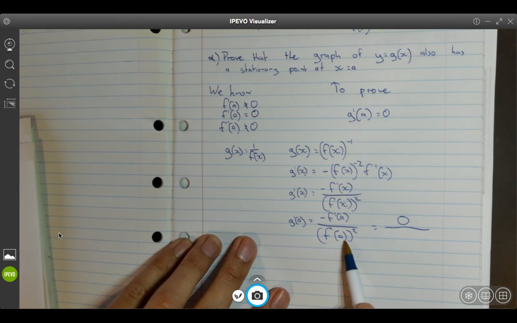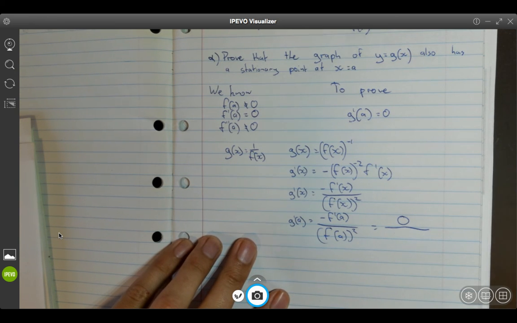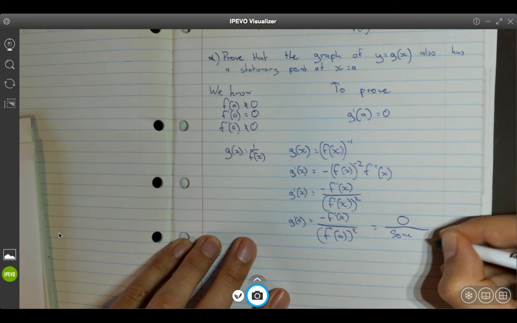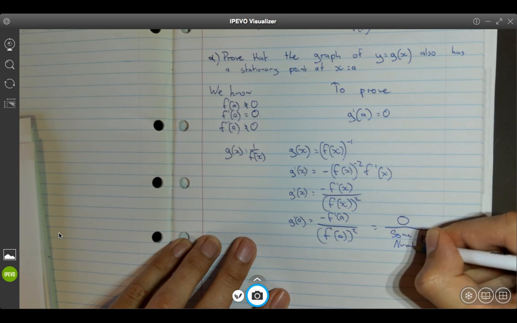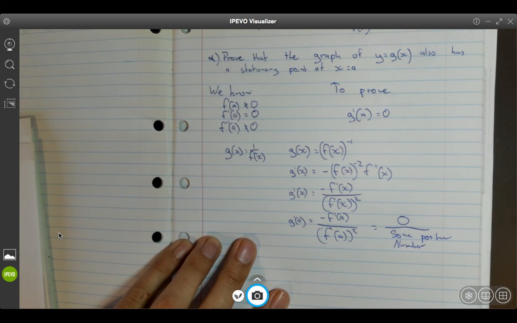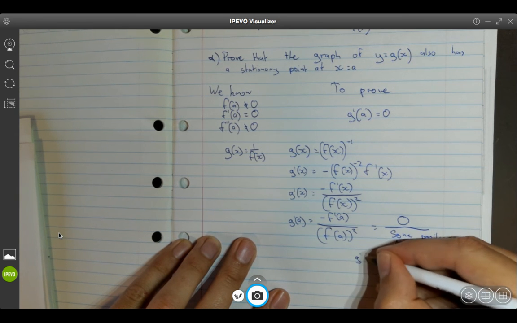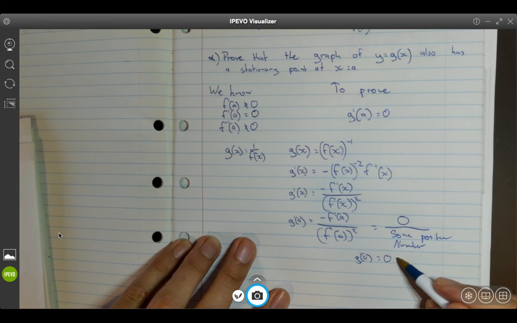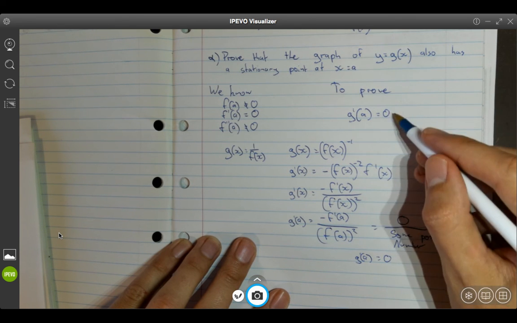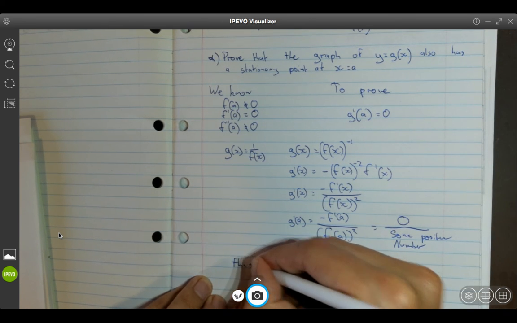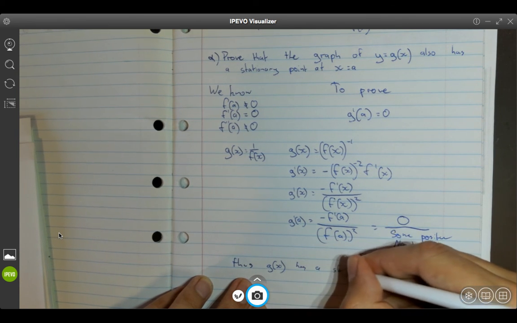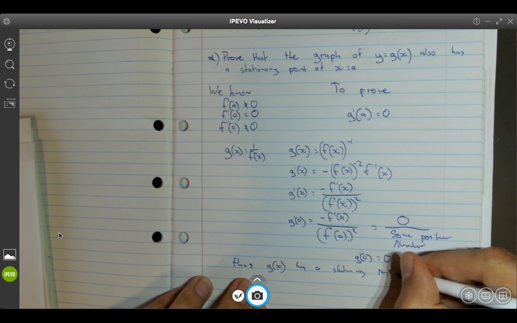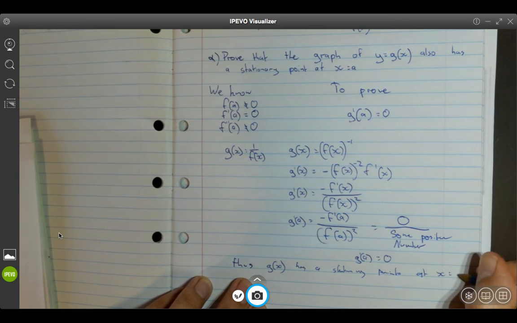And we don't know what f of a is, but if it's squared, we can just say it's going to be some positive number, which essentially means 0. So g prime of a equals 0, which is what we were trying to prove. G prime of a equals 0, thus g of x has a stationary point at x equals a.